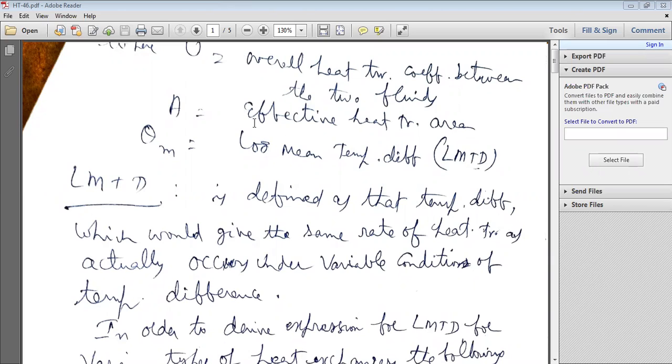How do we calculate Q is equal to UA theta mean, delta T mean, where U is the overall heat transfer coefficient between the two fluids, and A is the effective heat transfer area. Theta mean, log mean, it is known as log mean temperature difference.